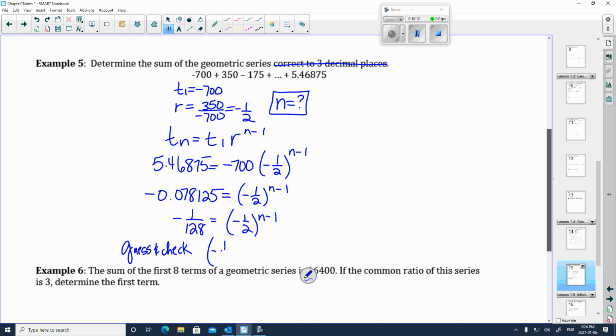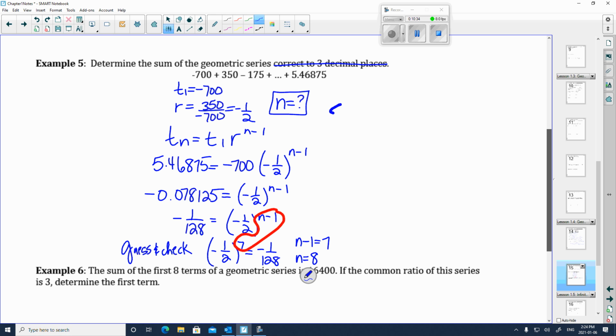If you keep on going on your calculator, you get that negative 1/2 to the power 7 will give you negative 128. So that means that n minus 1 is 7, which means n equals 8. Because these match right there, right?